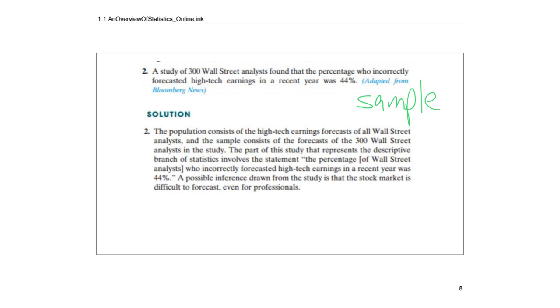That 44% is a sample statistic because it came from a sample. That is just straight data. That's from talking to 300 of them. That's the percent who incorrectly forecasted the high-tech earnings. And then an inference could be that it's really tough to forecast those high-tech earnings, or maybe we didn't spread our study out well enough.